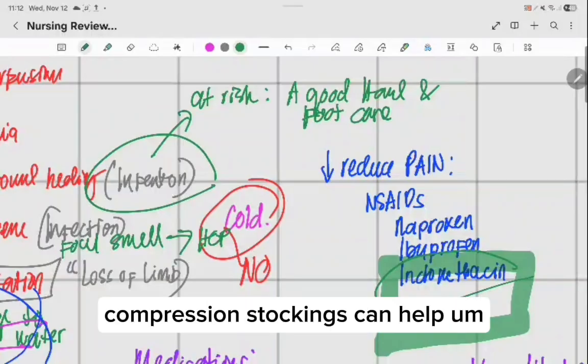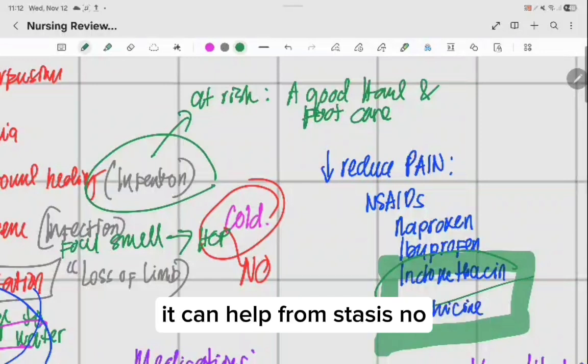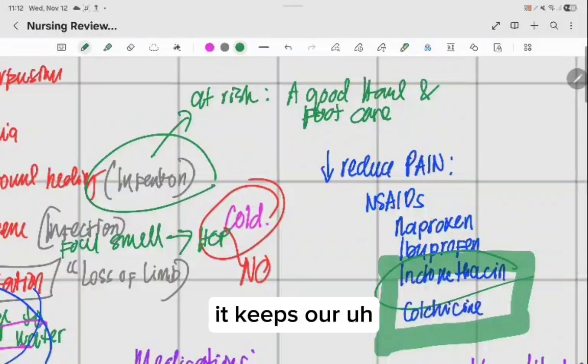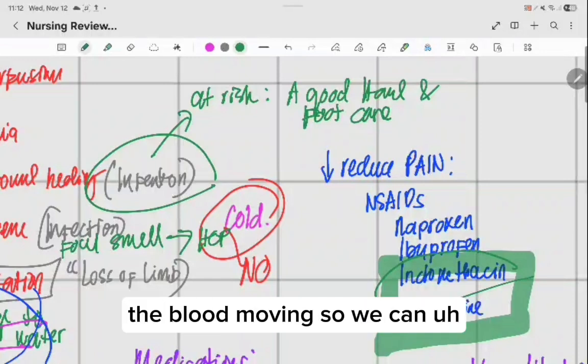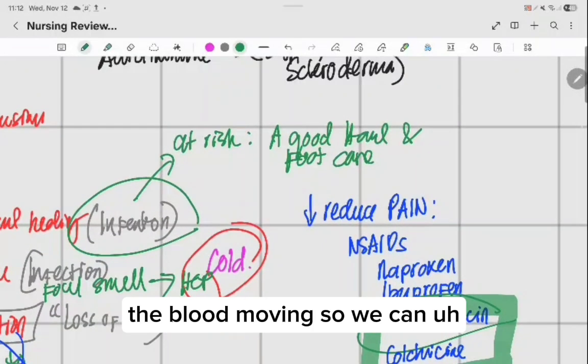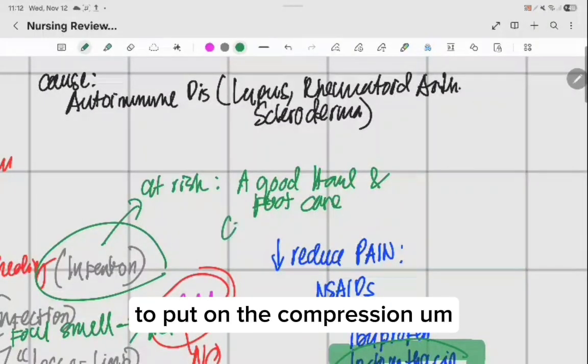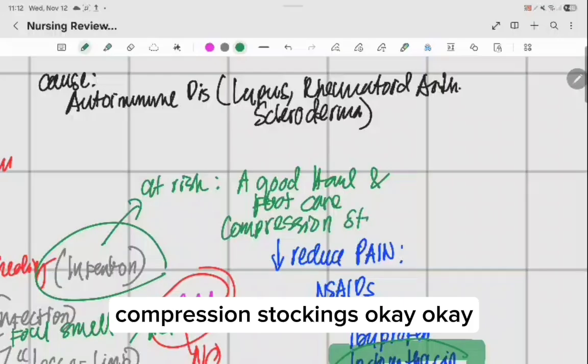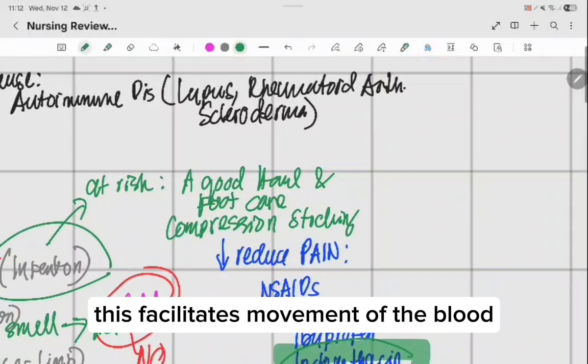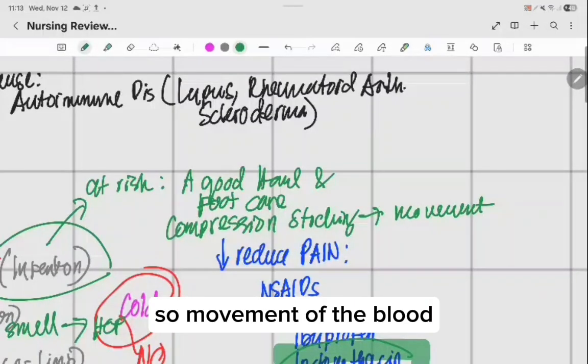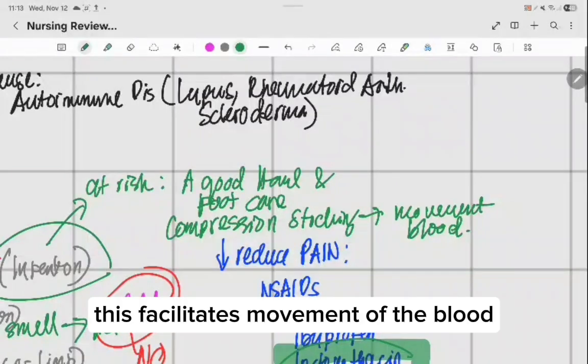Compression stockings can help. It can help with stasis. It keeps the blood moving, so we can advise to put on compression stockings. Okay, this facilitates movement of the blood.